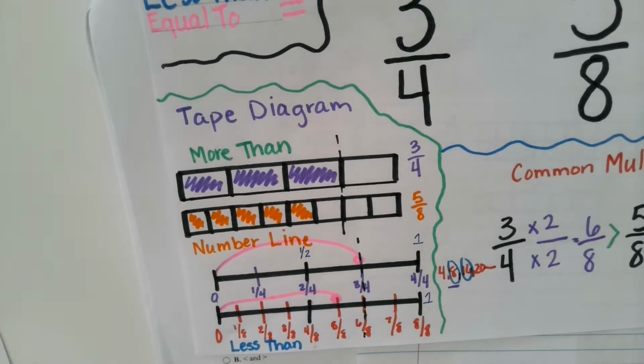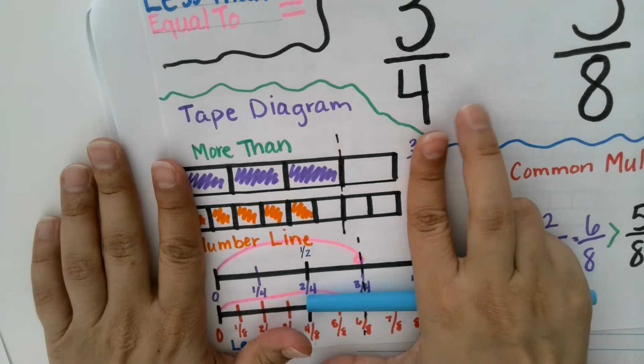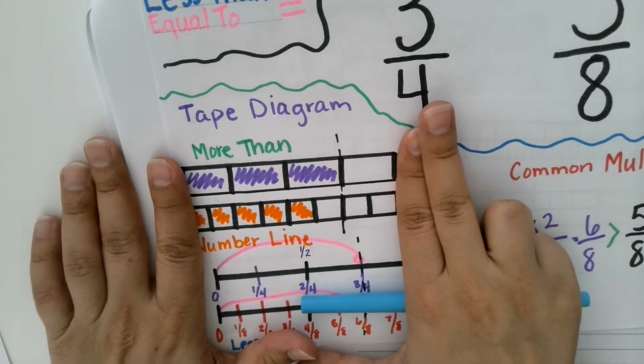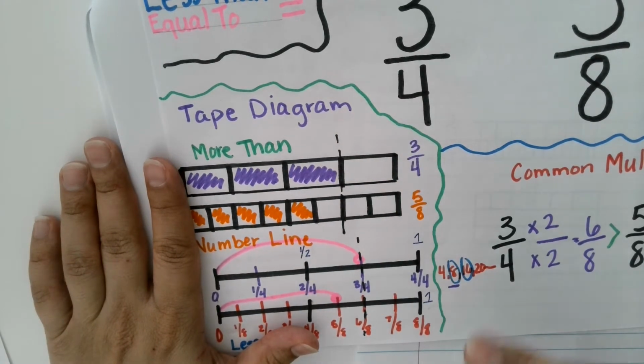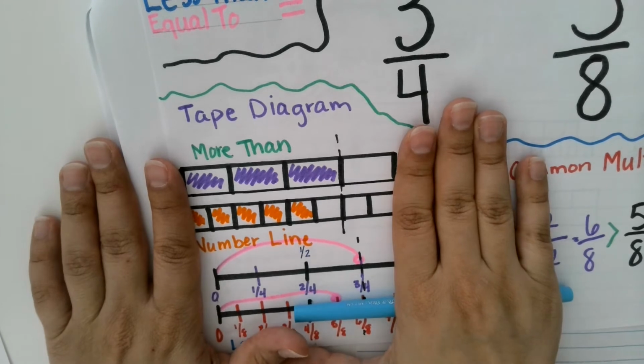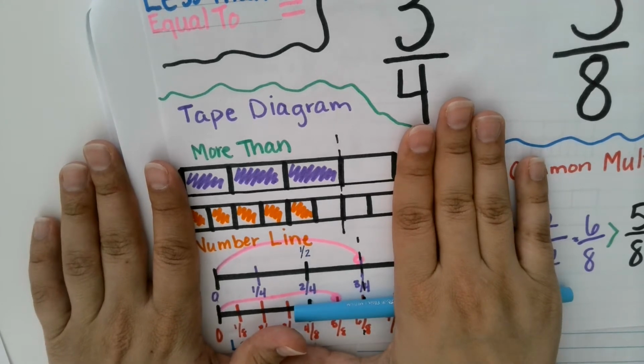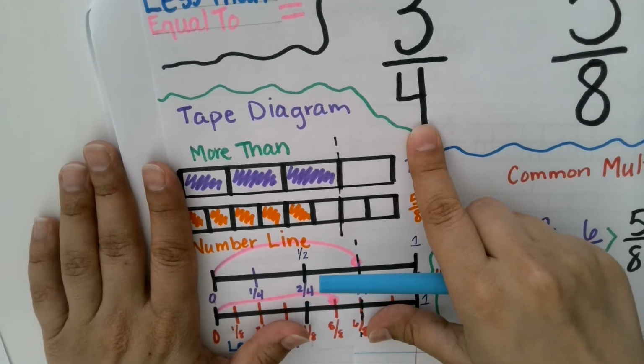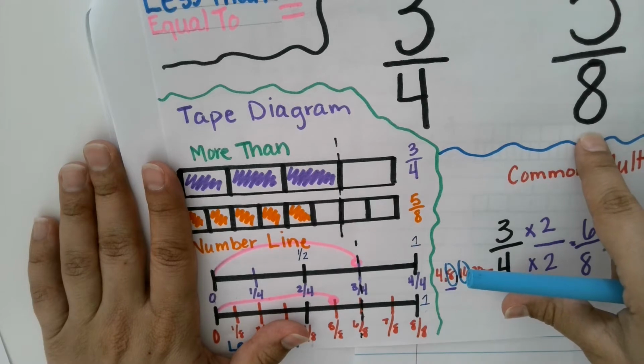Remember, the most important thing to do when you are doing a tape diagram is both tape diagrams must be equal length. Why is that important? Because if you think about the tape diagram, when we're putting it into a fraction, each tape diagram equals the same amount. It doesn't matter if my fractions are in fourths or I'm putting it in 8 pieces.